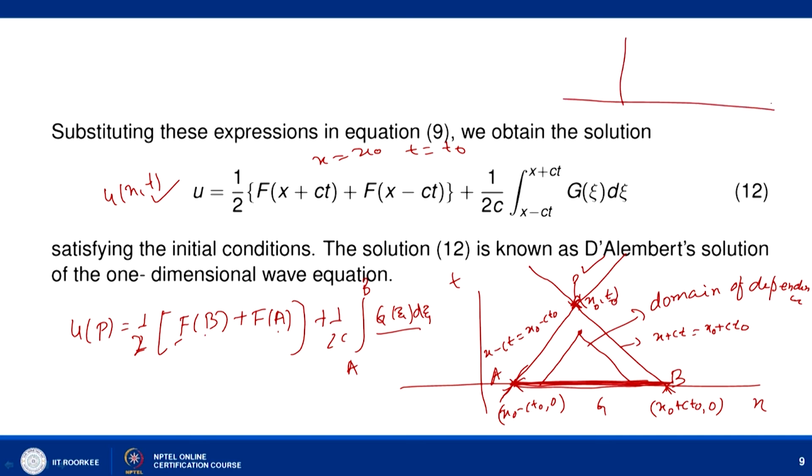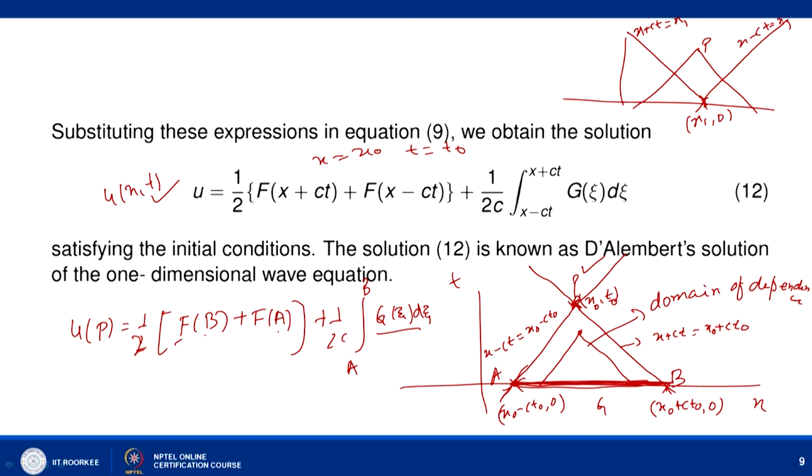If you look at the same figure again, here we have this point P, and we say that this will determine some kind of domain of dependence. Now, if you look at any point here, then I can have a characteristic line like this and a characteristic line like this, right. If you take this point as, say, x1 comma 0, then this characteristic line is x plus ct equal to x1, and this is x minus ct equal to x1.